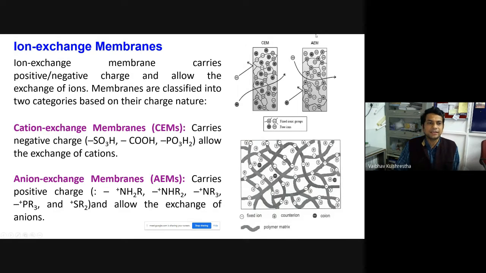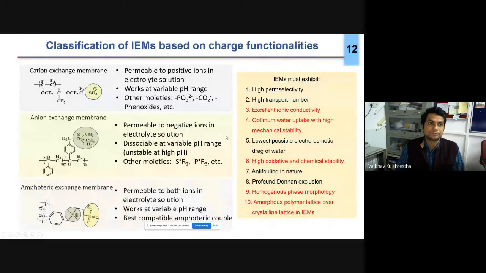Another is the anion exchange membrane. These membranes contain positive charge and allow the exchange of anions only. Here the gradient is the potential, and these membranes do not allow the passage of water. They allow the passage of ions only.